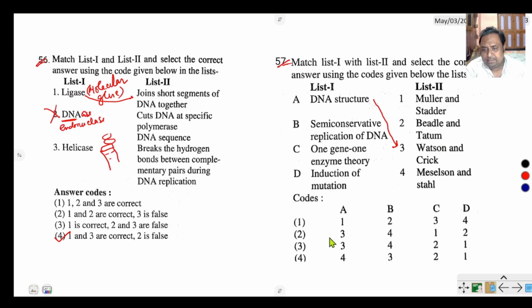The semi-conservative mode of replication was discovered by Meselson and Stahl, which is 4. The one gene one enzyme hypothesis is Beadle and Tatum, which is 2. And induction of mutation is Muller and Sadler, which is 1. Clear? So 3 is the correct option.